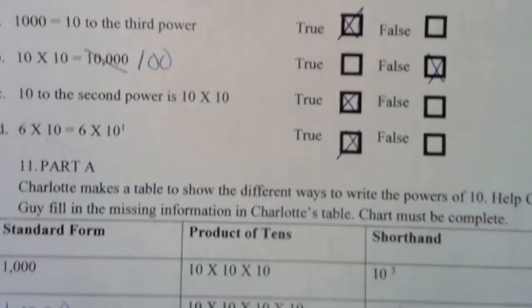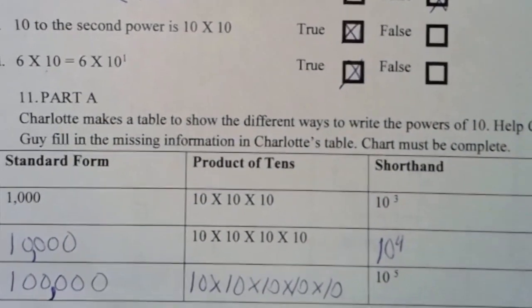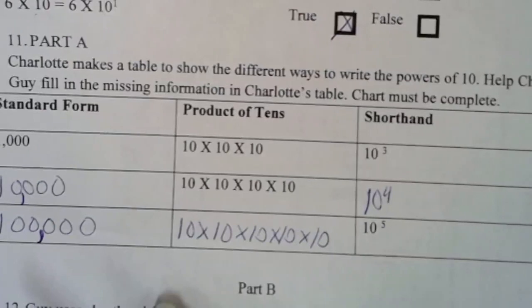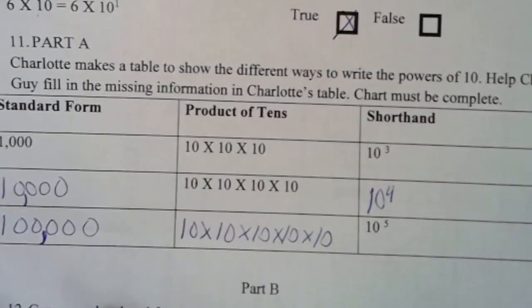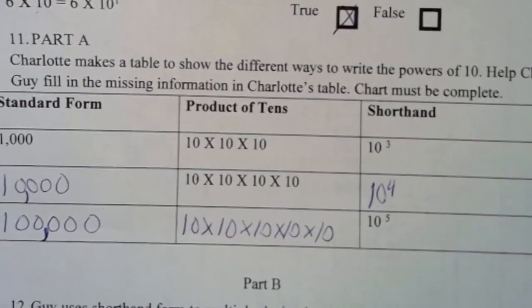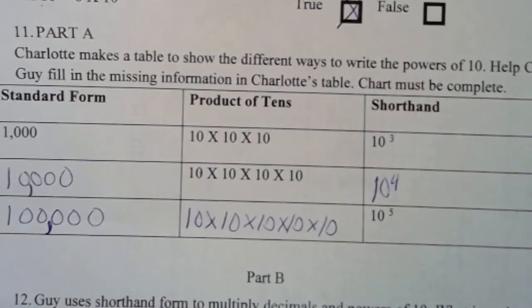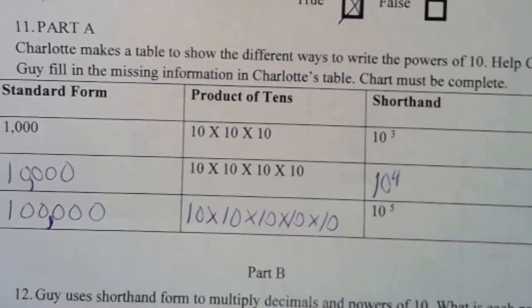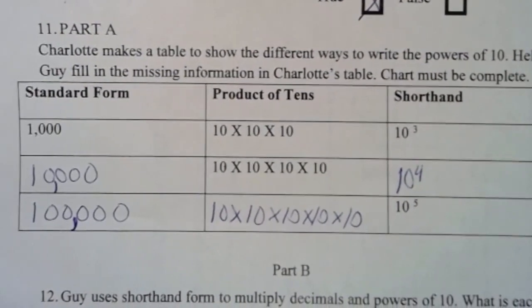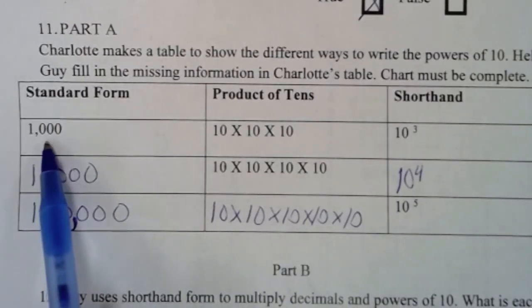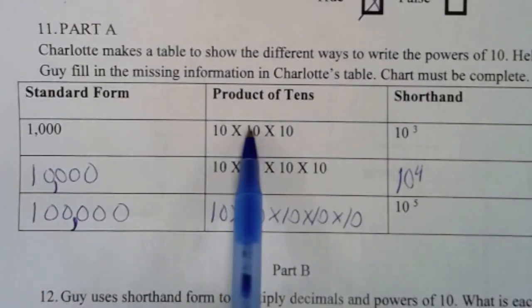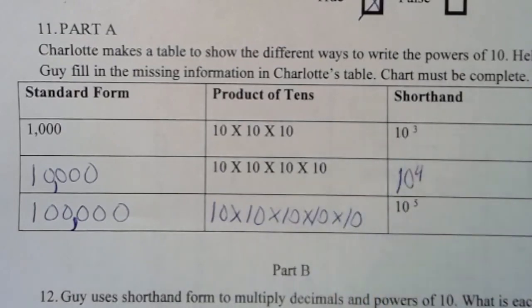Number 11, Charlotte makes a table to show the different ways to write the powers of 10. Help Charlotte and Guy fill in the missing information in Charlotte's table. The chart must be complete. So the standard form, 1,000, that's 10 times 10 times 10, which is 10 to the third power.